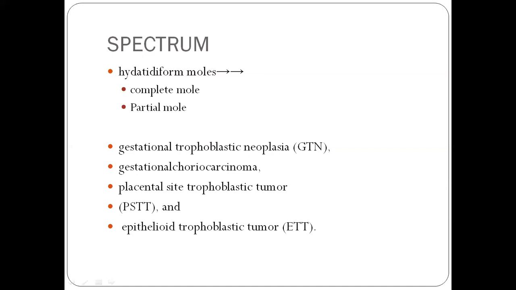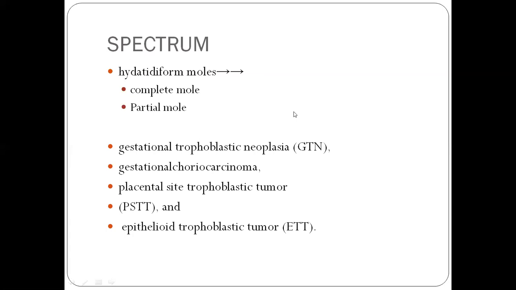These are the various malignant or cancerous forms of gestational trophoblastic disease. So it's important to understand that. You have the first group, which is benign, the molar pregnancy. Then the second group are the malignant or cancerous forms.